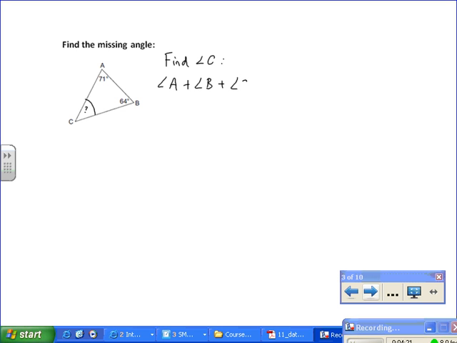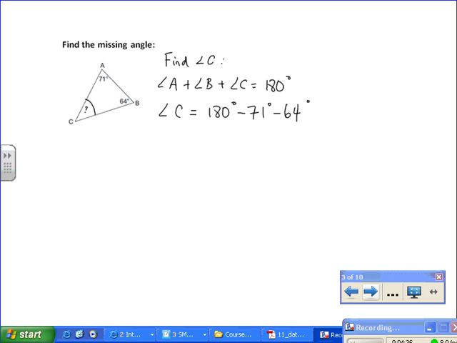So that means that angle C is going to be equal to 180 degrees, subtract the two angles that I know. So subtract angle A at 71 degrees and subtract angle B at 64 degrees, and angle C is equal to 45 degrees. And there's my answer.